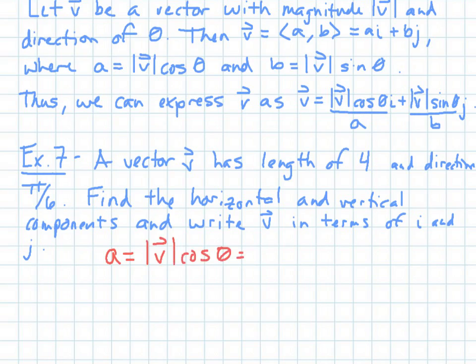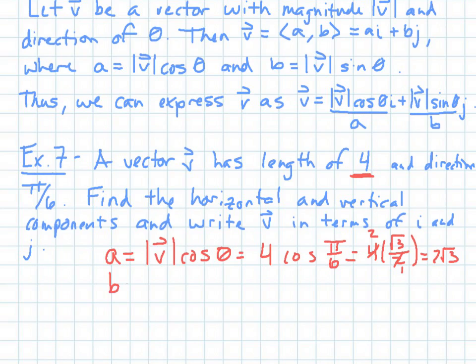My magnitude is 4, which is given to me, and the direction is the angle measurement, so cosine of pi over 6. Remember, cosine of pi over 6 is square root of 3 over 2. So you get 2 square root of 3.